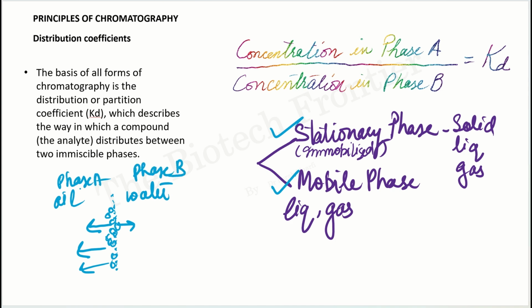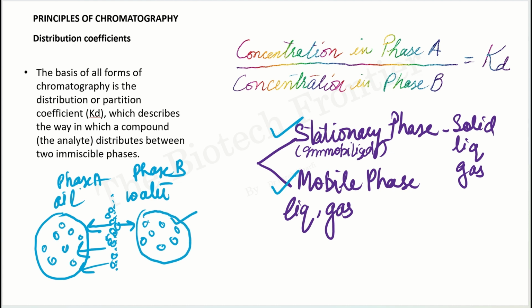So if a few of the analytes go to this side and a few go to that side, the ones that go into the oil phase describe the affinity of that particular analyte for the oil over the water, and similarly the analytes that go towards the water describe the affinity of the analyte for water over the oil.